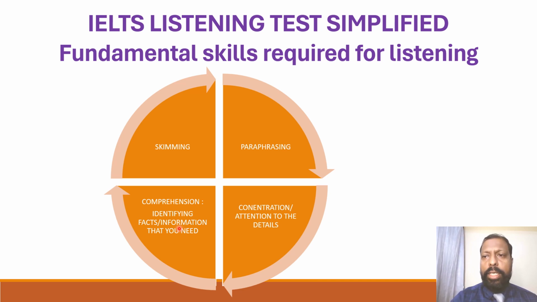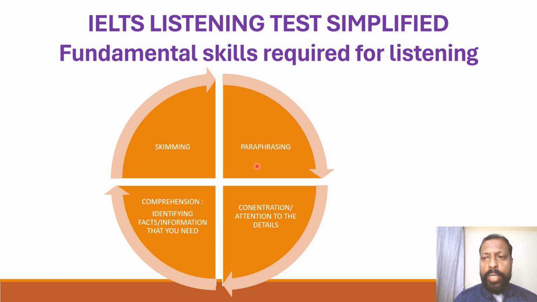Thirdly, you need to pay attention to paraphrasing and parallel wording, and never expect direct answers in most of the questions. They would definitely paraphrase the information. For example, in the question they would say that in the beach there should be no dash, and in the track they would say the beach should be or must be free of litter.